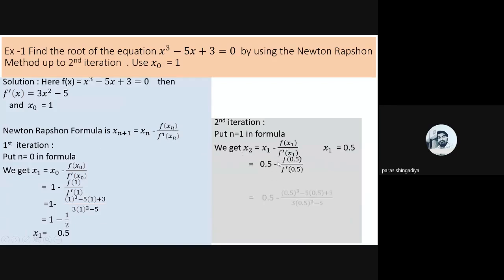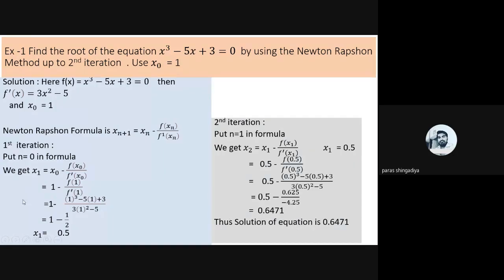In the denominator we consider f of x upon f dash of x, and then we simplify and find the required answer. First we get x1 by using the value of x0, and then for x2 we use the value of x1, and so on.